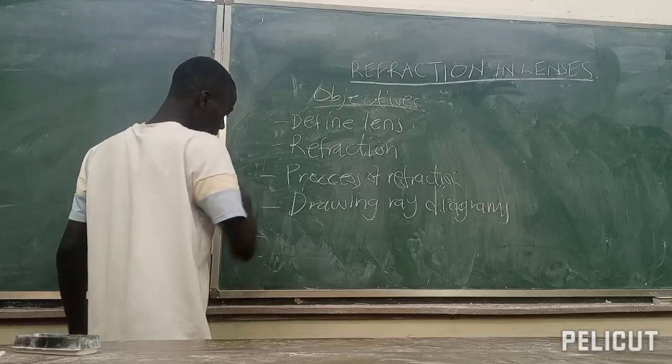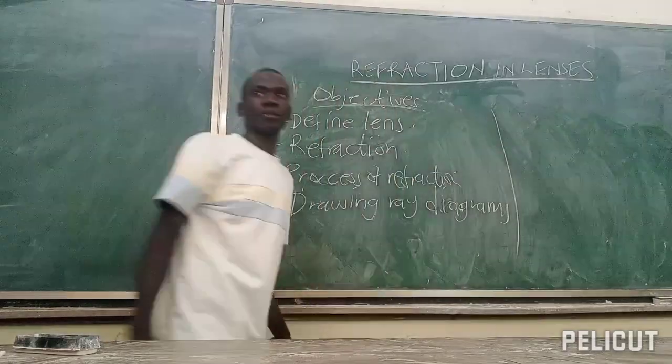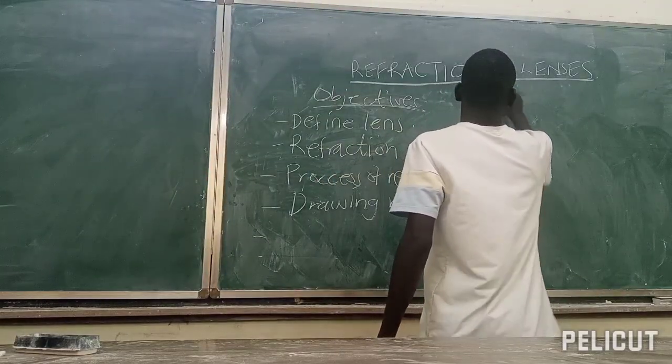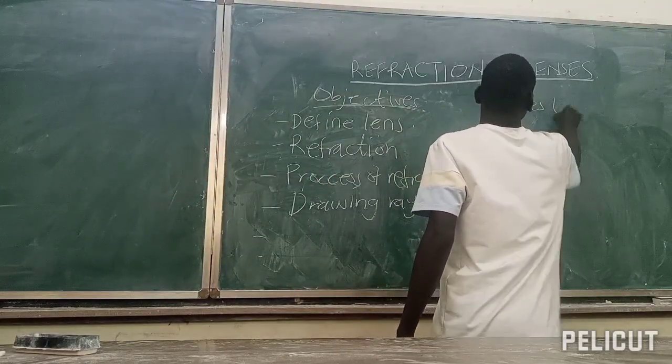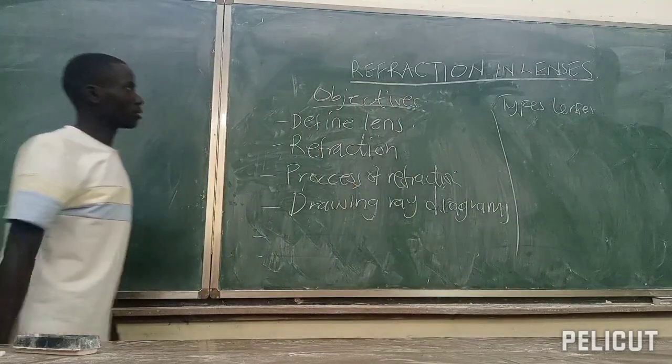Then finally we shall look at types of what? The types of lenses. Are we together? These are our outcomes we need in this lesson.